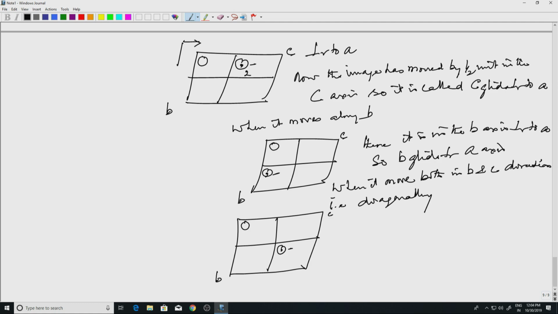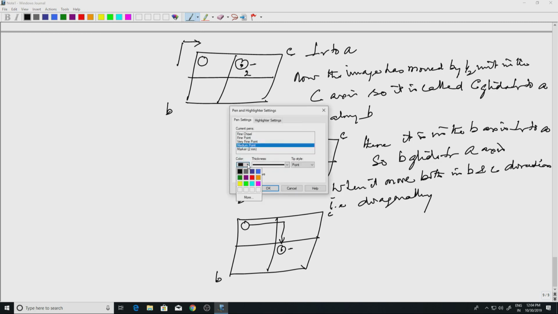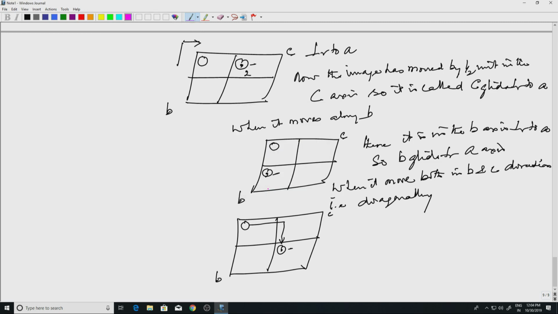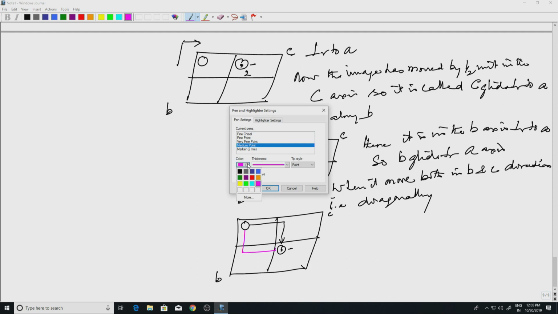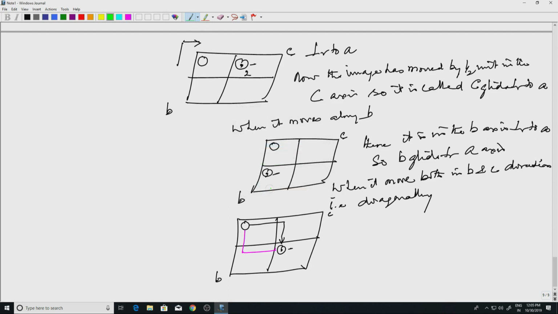So this can be considered, it moves this way or this way. Or it moves this way and this way. So it is moved diagonally.